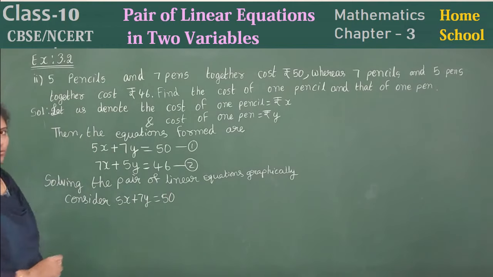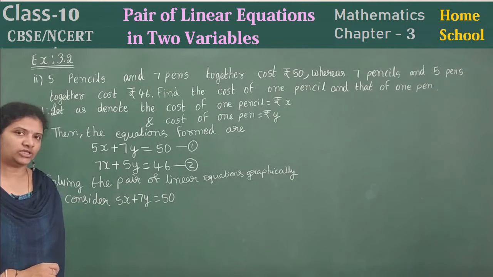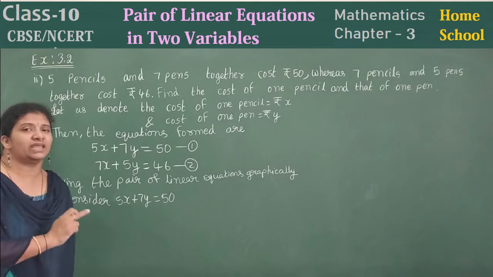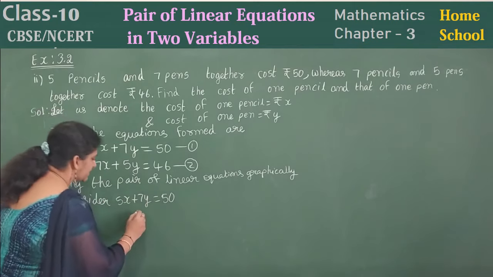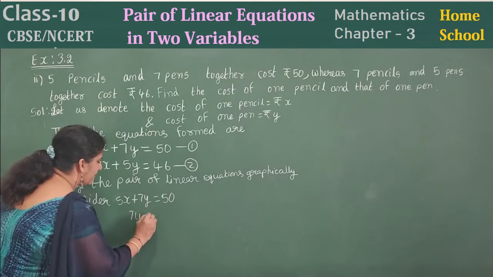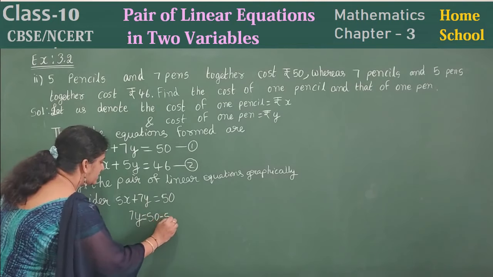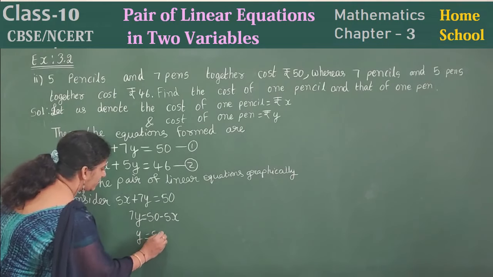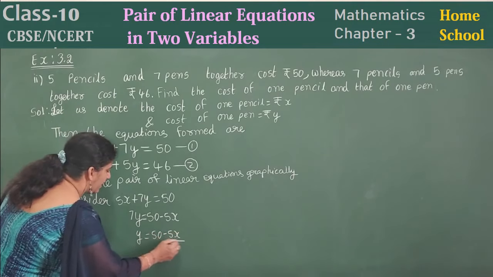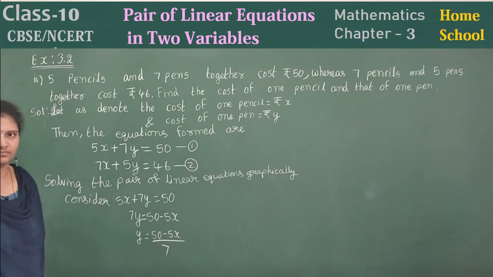When you want to do it in a graph, what do you need to do, children? You have to rewrite your equation in the y format, means x terms on that side. 7y is equal to 50 minus 5x. y is equal to (50 minus 5x) by 7.